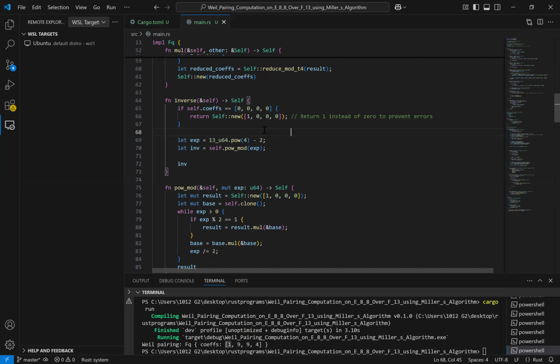should be in the form A plus BT plus CT squared plus DT cubed.